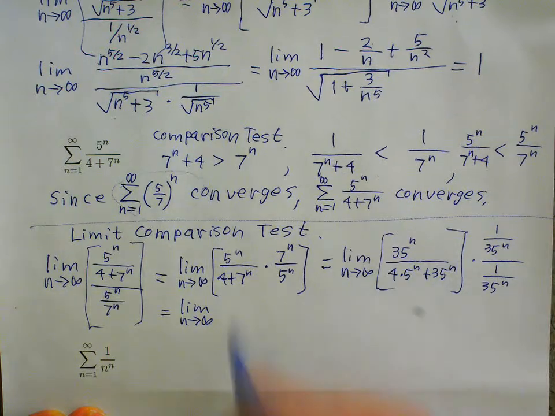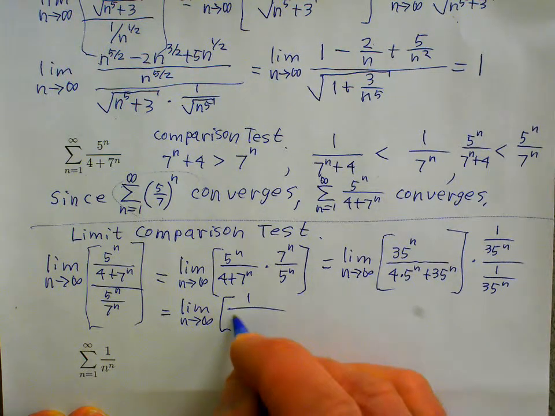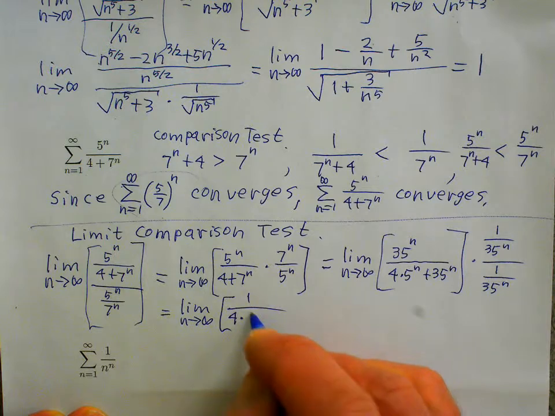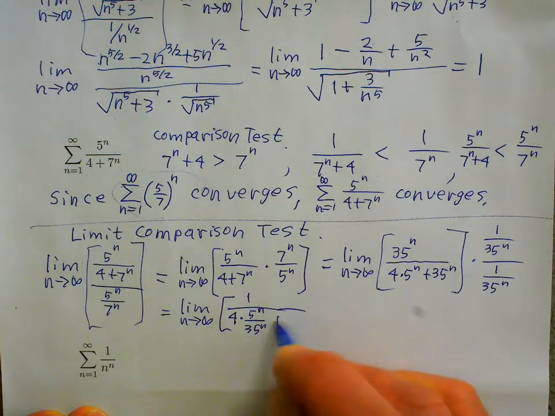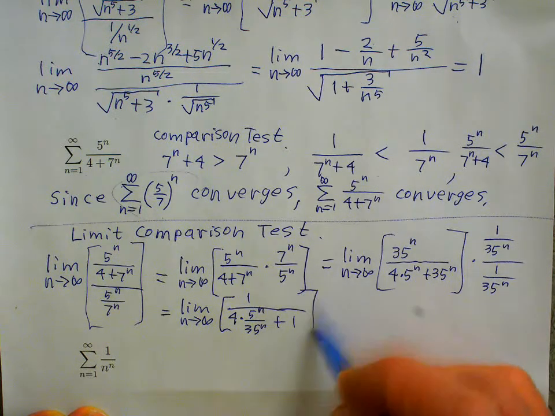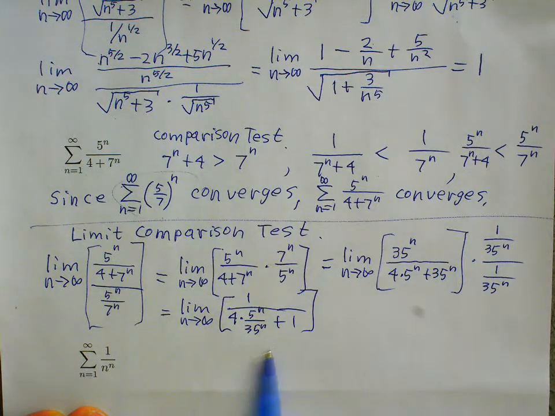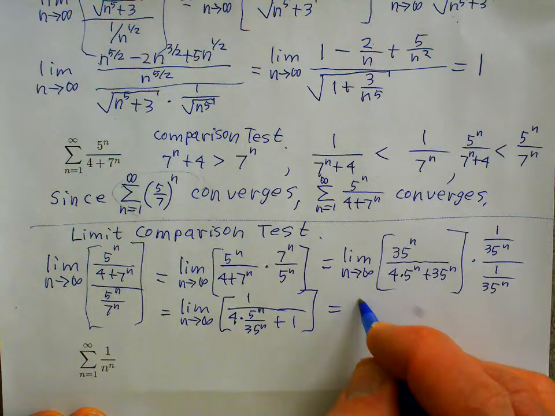Then in the numerator, we get 1. In the denominator, we get 4 times 5 to the n over 35 to the n plus 1. And this term goes to 0, so the limit is equal to 1.